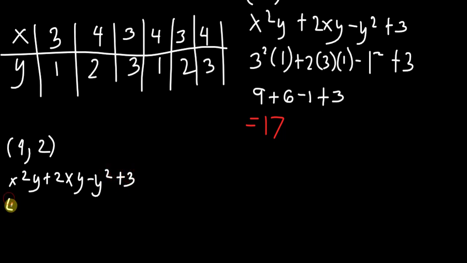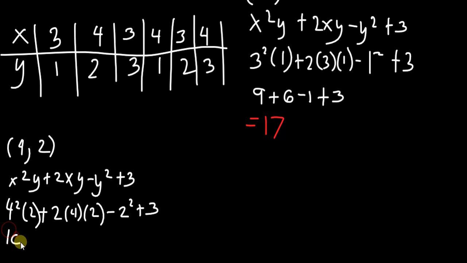So, x is 4. So, 4 square. Then, y is 2. Then, 2 times x, so 4, times y is 2, minus y, so 2, square. Plus 3. So, 4 square is 4 times 4, 16.